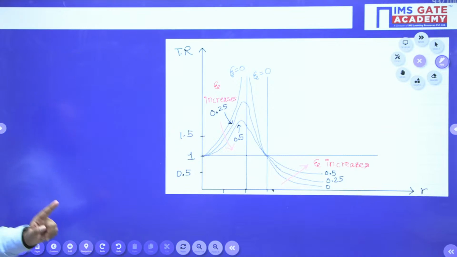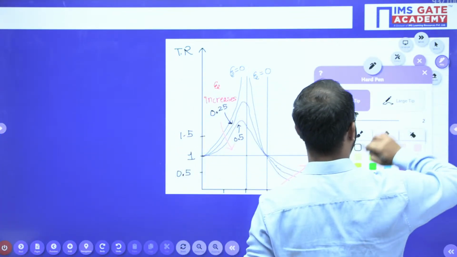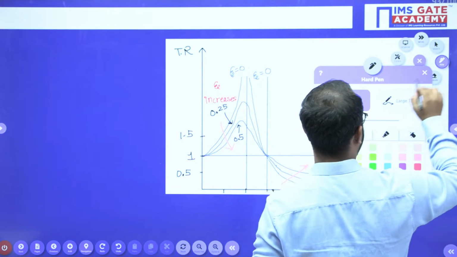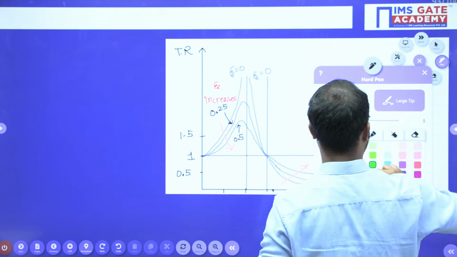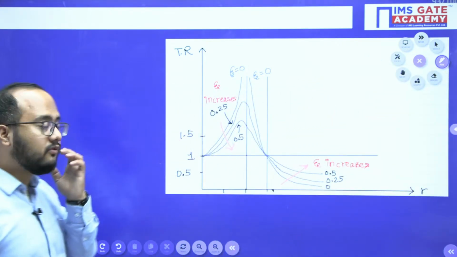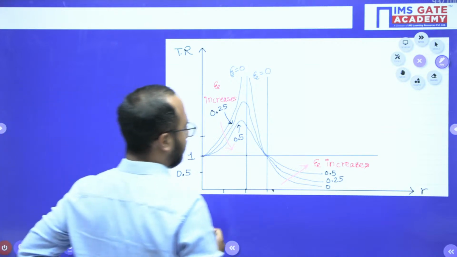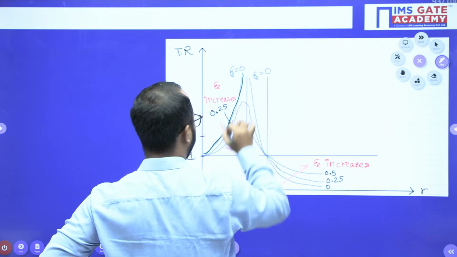Next, this diagram, the most important diagram, you should understand this. Now see, this diagram is very important, guys.